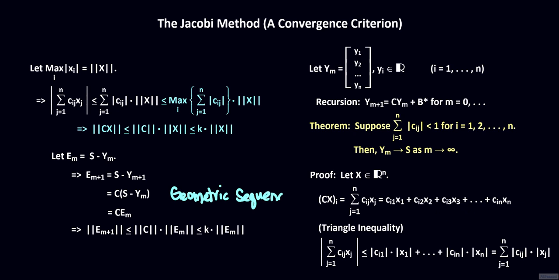This geometric sequence has a non-negative common ratio k, which is less than 1. Such a geometric sequence will tend to 0 as m tends to infinity. Therefore, the sequence of E sub m's will also tend to the 0 vector, so that the sequence of vector estimates Y sub m that are generated by the Jacobi method will tend to the exact vector solution as m tends to infinity.